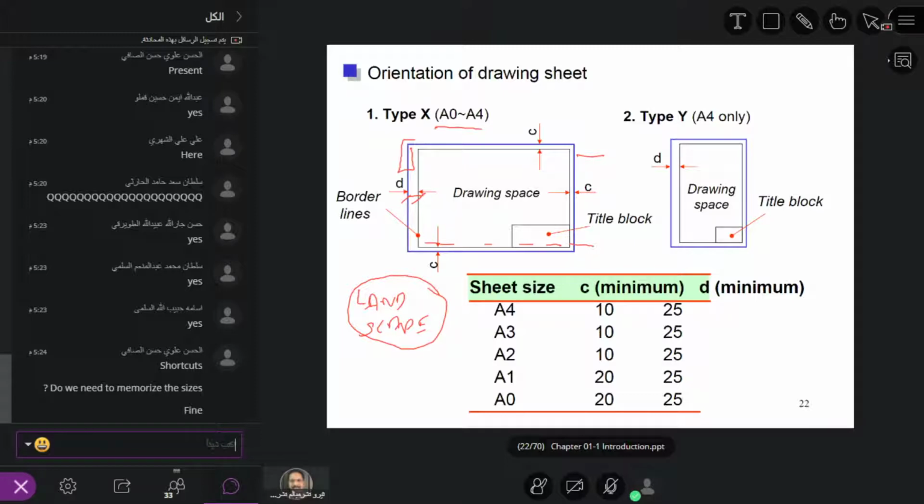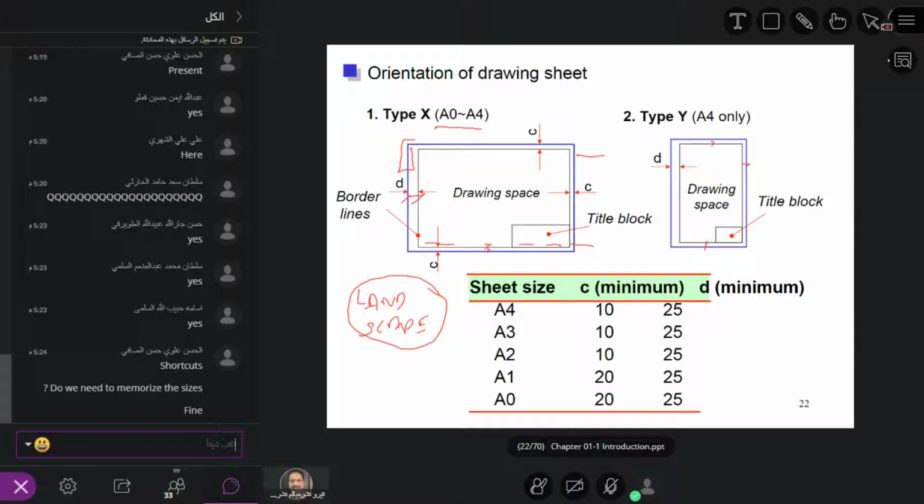And this gap C must always be constant, and D is slightly greater or bigger. Very similarly, if you put a portrait, again the D should be comparatively smaller, while the rest should be kept constant. Do you understand what I'm trying to say here? This is how you have to orient a drawing sheet whenever you start drawing components here.